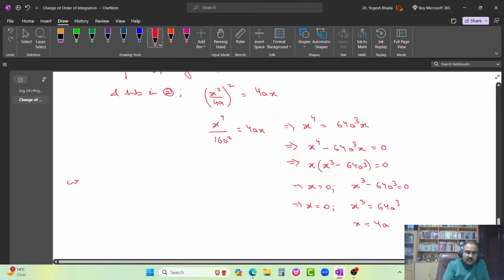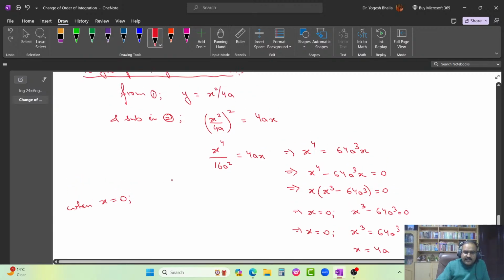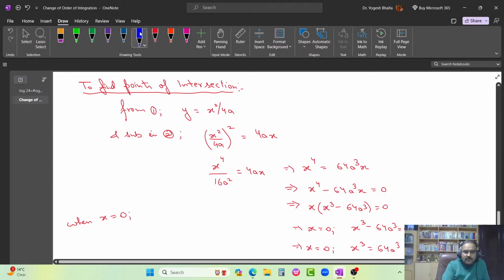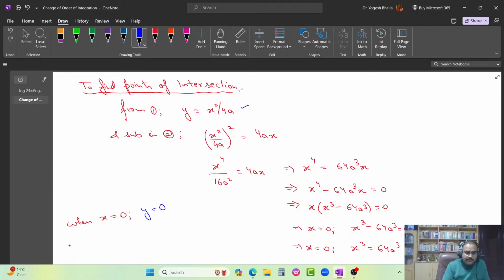Now when x is equal to 0, substituting this value, y will be equal to 0, and when x is equal to 4a, y will be 4a whole square over 4a, that comes to be 4a.